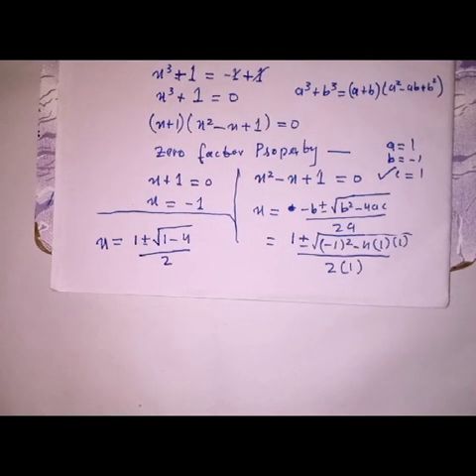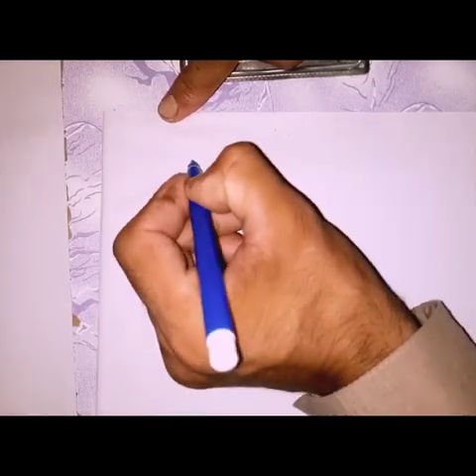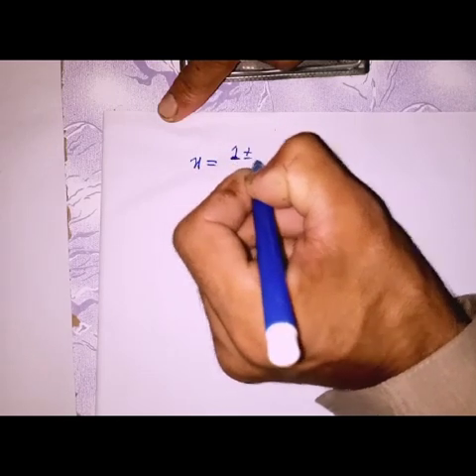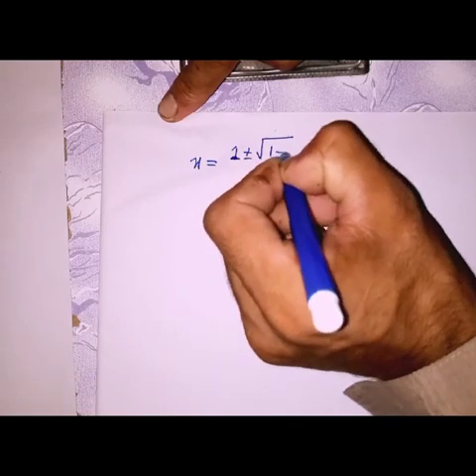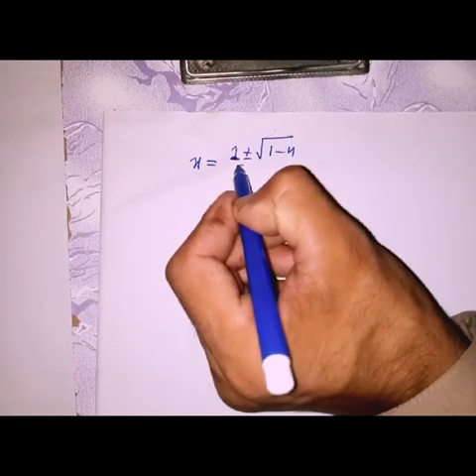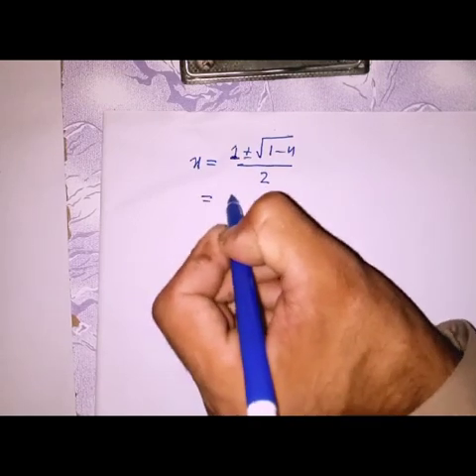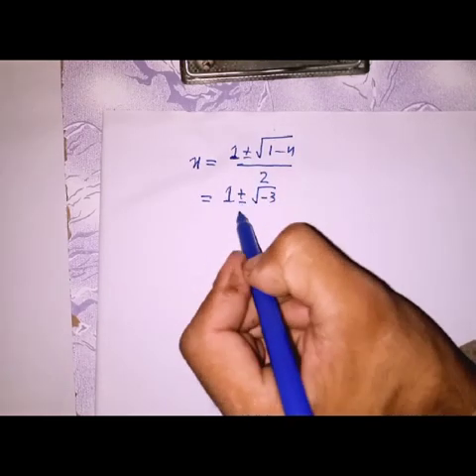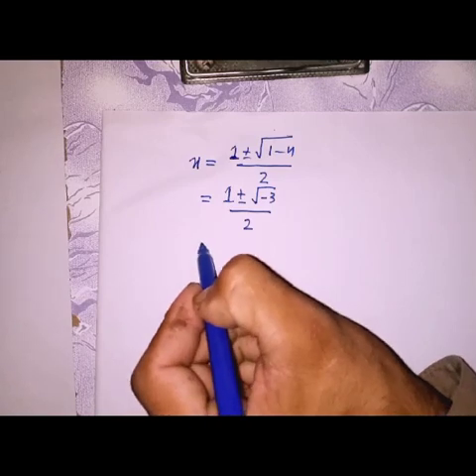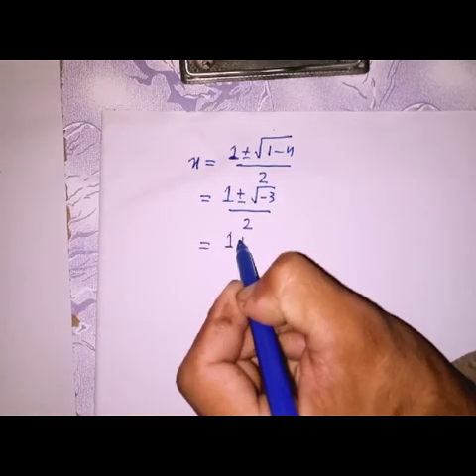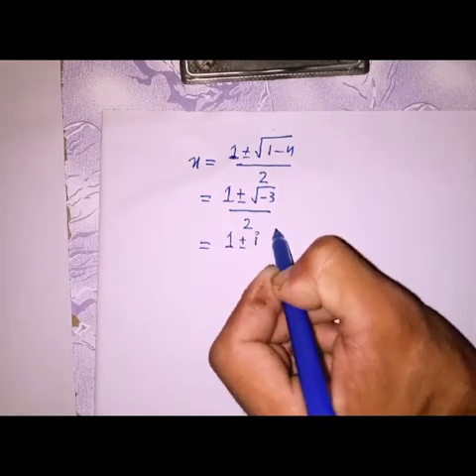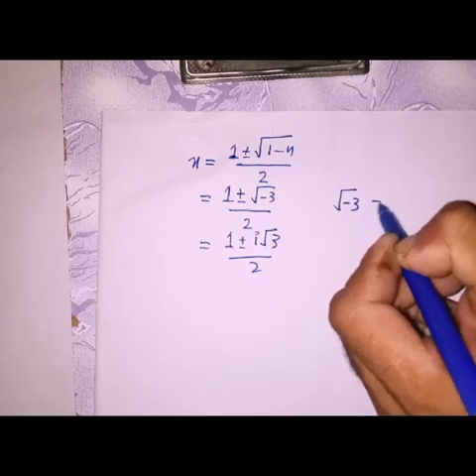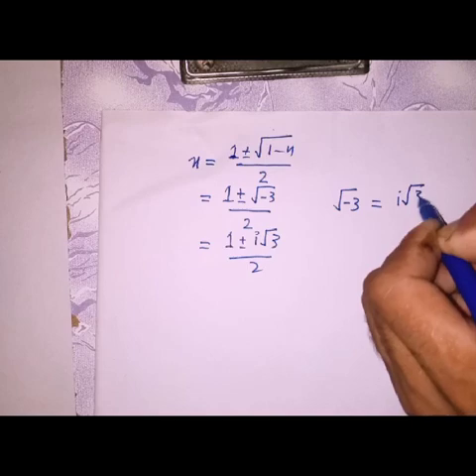So here we can write again x is equal to 1 plus minus under the root 1 minus 4 divided by 2, which is equal to 1 plus minus under the root minus 3 divided by 2, 1 plus minus iota under the root 3 divided by 2, because we know that minus 3 under the root is equal to iota under the root 3.